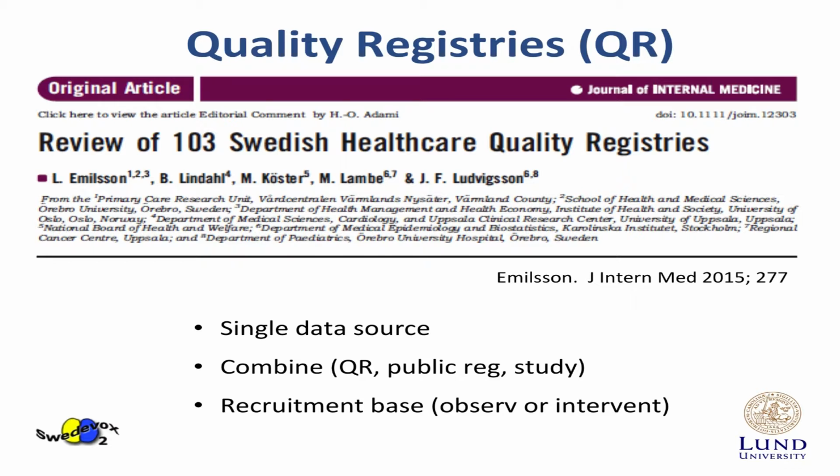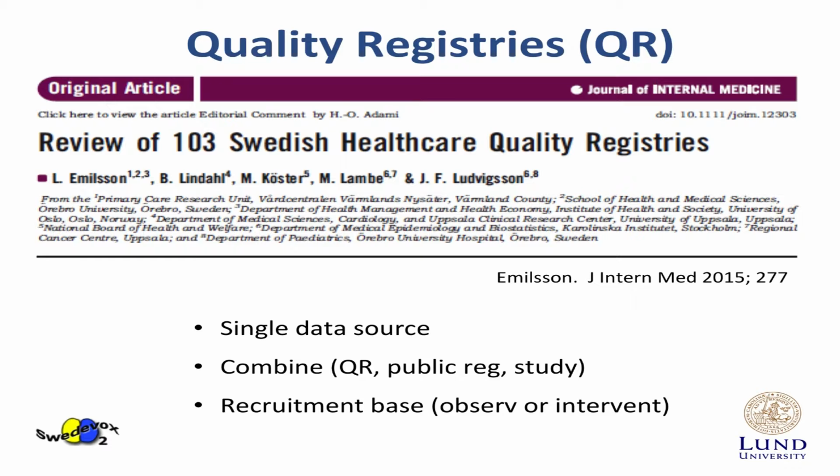They sent out a questionnaire to pretty much every register in Sweden and obtained data, and also obtained the available data from the funding source, which is the government, about each registry. That is well worth reading, that paper, if you're interested.